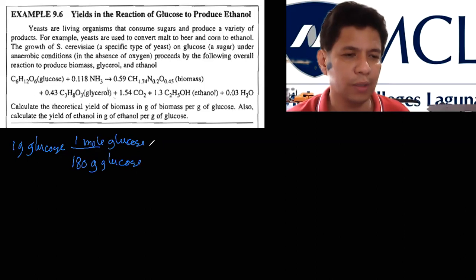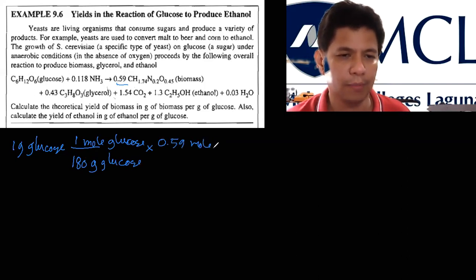So now that we have the number of moles of glucose, we're going to use the given reaction. For every 1 mole of glucose, you'll be able to produce 0.59 mole of biomass.